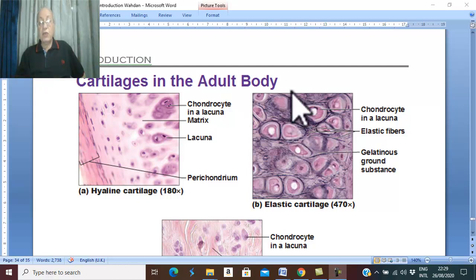All these are yellow elastic fibers, and they give this cartilage the yellow color. The yellow elastic cartilage shows abundant, large cartilage cells. What are the sites of elastic yellow cartilage?